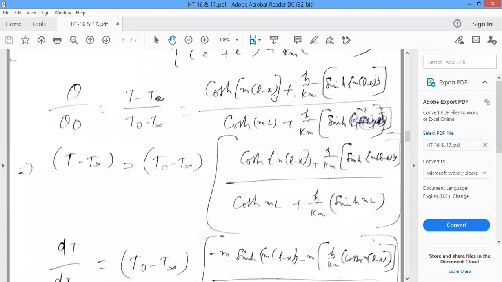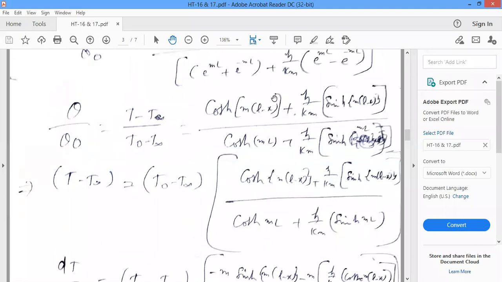Applying the first boundary condition at x equals 0, T equals T naught, and the second at x equals L, the tip, where conduction heat transfer equals convection heat transfer, we get the values of C1 and C2.